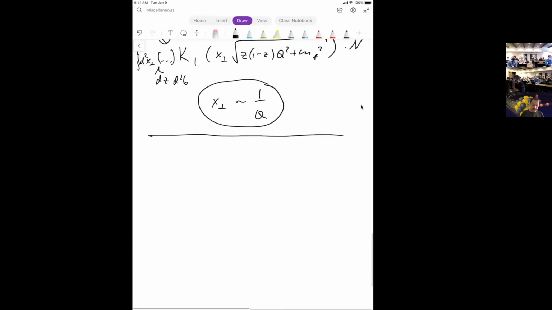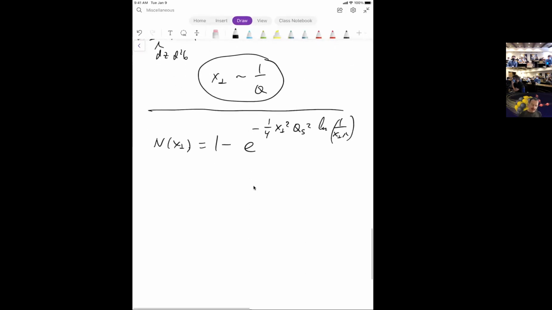All right, so N of x perp is just 1 minus e to the minus 1/4 x perp squared Qs squared log 1 over x perp lambda. The question was this: if x perp is 1 over lambda, the log vanishes, the exponential becomes 1, the amplitude goes to 0 again. Yeah, as written mathematically, it's a correct statement. However, this formula is valid for x perp much smaller than 1 over lambda.